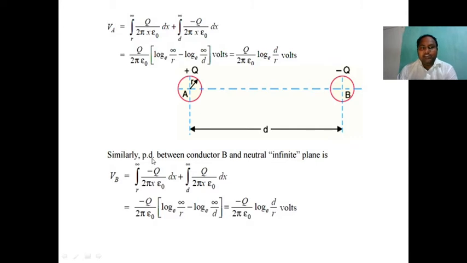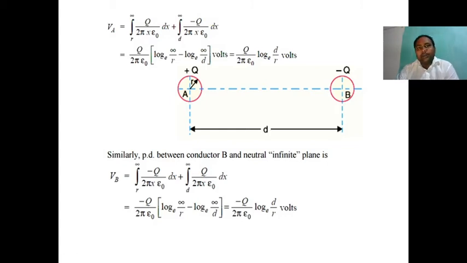Similarly, the potential difference between conductor B and the neutral infinite plane. So VB is equal, with limits R tending to infinity. We consider conductor B having negative charge: minus Q by 2 pi x epsilon naught dx, plus D tending to infinity. You must consider this conductor also while calculating the potential difference between two points.